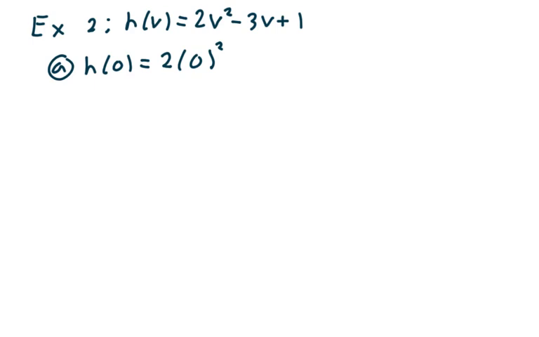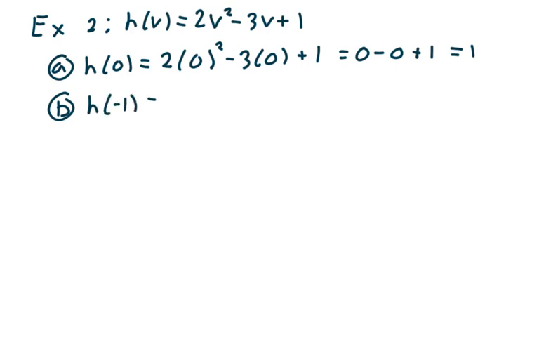So I get 2 times 0 squared minus 3 times 0 plus 1. But this is 0 minus 0 plus 1. Answer is 1. B. What about h of negative 1?